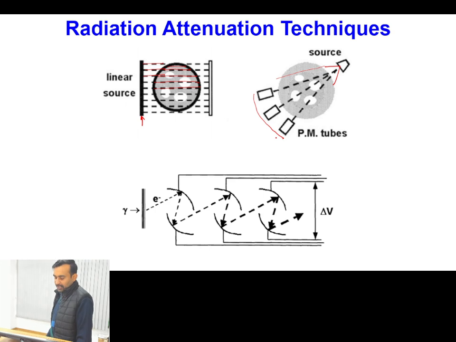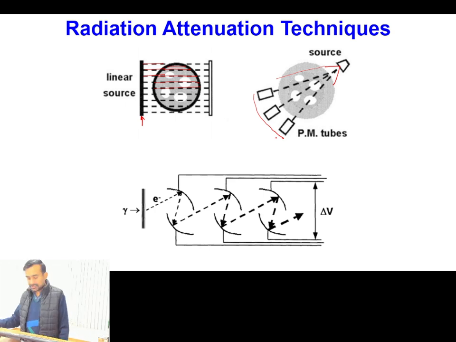Typically, let us try to understand the configuration of the detector. What type of sources can we use? Typically the sources used in radiation attenuation techniques are gamma rays and X-rays. A device which can supply gamma rays is called a gamma densitometer.